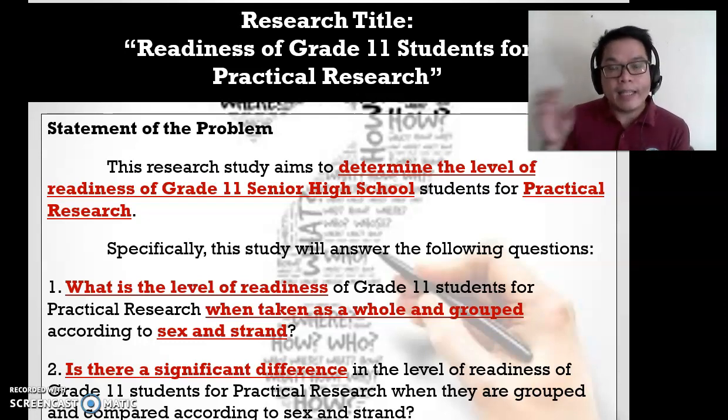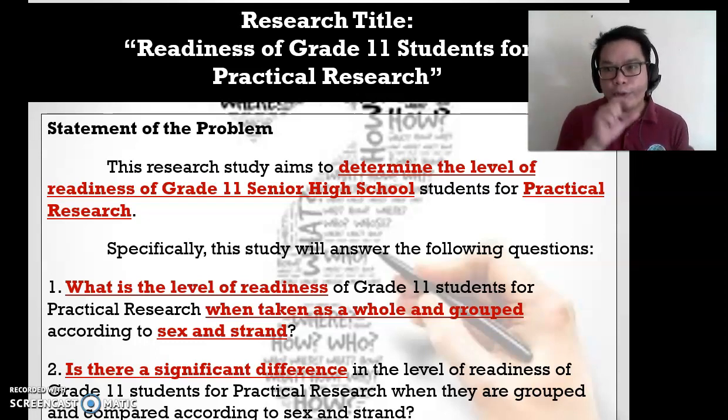If you will notice also, the level of readiness, the grade 11 students, and practical research are all present in both the title and the statement of the problem. This is what I was talking about a while ago: your variables should be reflected in both the research title and your statement of the problem.